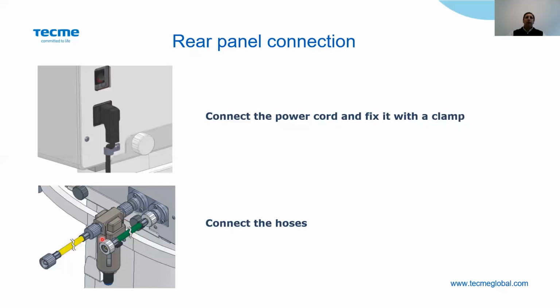Even though this filter is there, we always recommend to connect medical grade air and medical grade oxygen to our ventilator. These gases are considered like drugs, so they must be medical in order to provide proper ventilation to the patient. You have to consider that the gas that goes inside the machine is going straight to the patient.